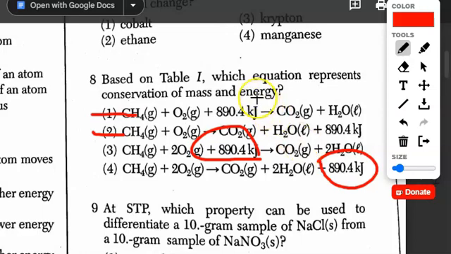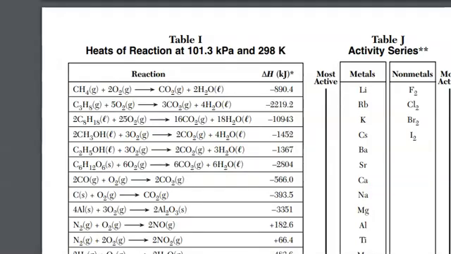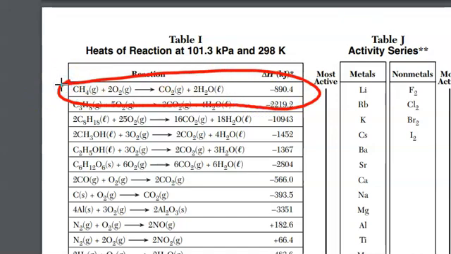Well, to answer the last part of energy here, we have to go, of course, to reference table I. Here at reference table I, right away, the first equation is the same equation from question 8, and you notice it's a negative 890.4. If you forget the negative sign, that tells me it's exothermic, and it should be a product.